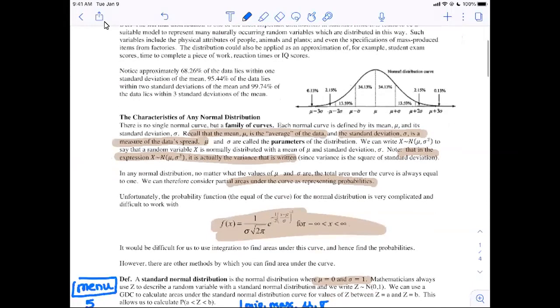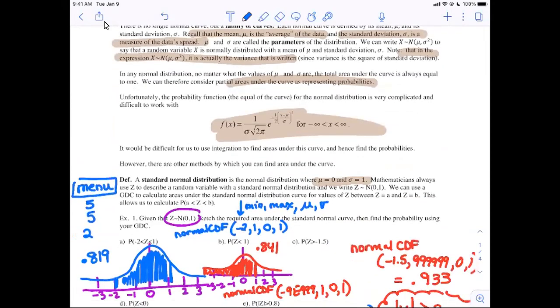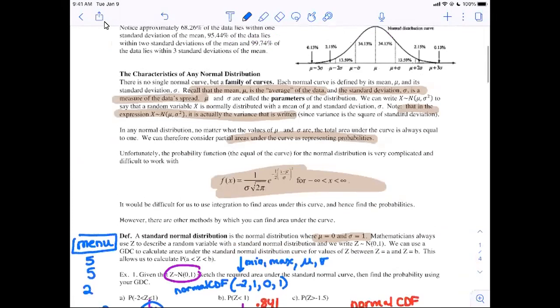You can change this to a standard normal distribution where you can convert the mean to 0 and the standard deviation to 1, because it's not always that.